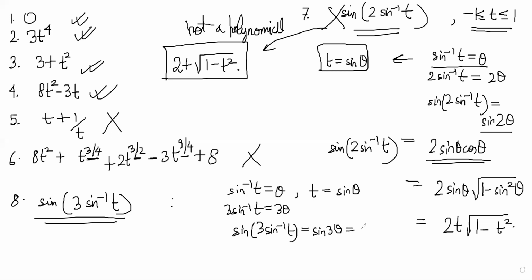I know an identity that sine 3 theta is 3 sine theta minus 4 sine cube theta. So this is just 3t minus 4t cube. So it is clearly a polynomial. I hope you have understood these inverse functions and trigonometric ways of expressing polynomials. We'll now continue with some more examples.